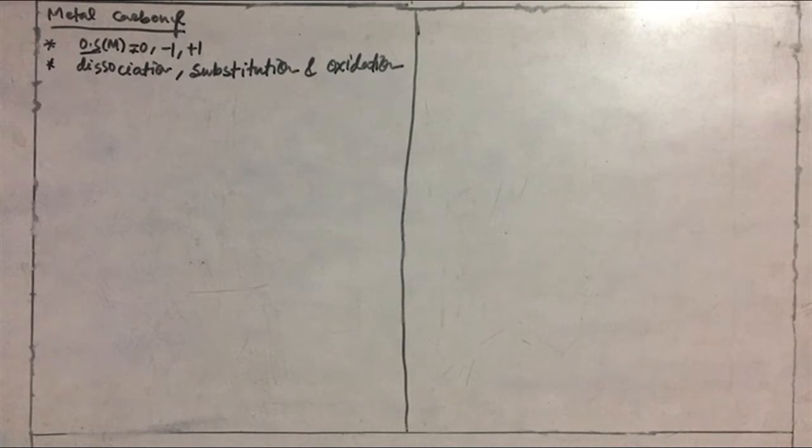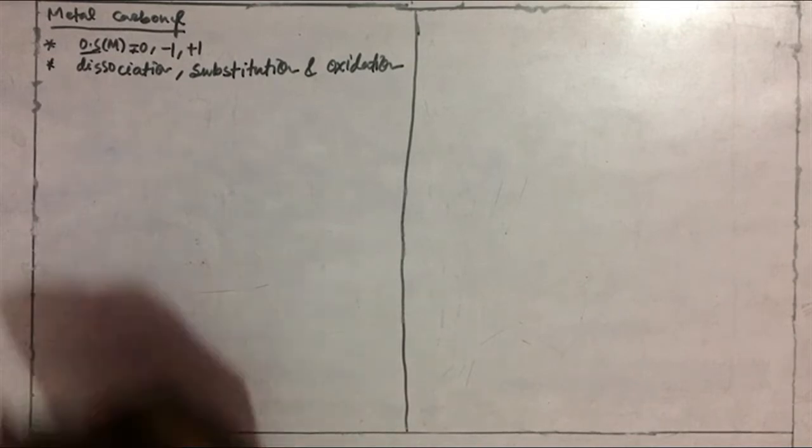The ligands coordinate to the metal generally according to the 18 electron rule.